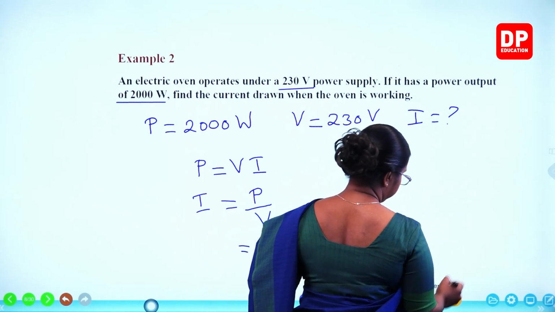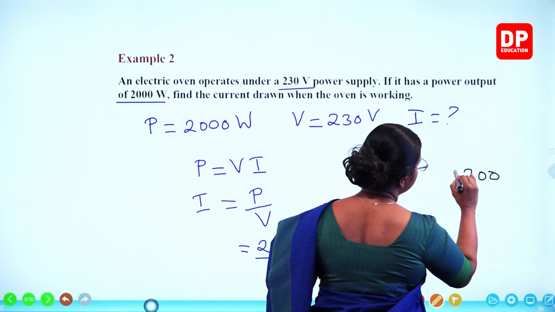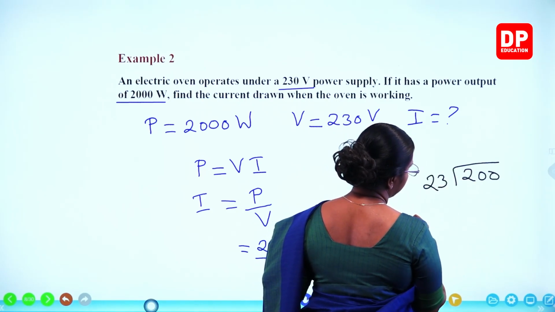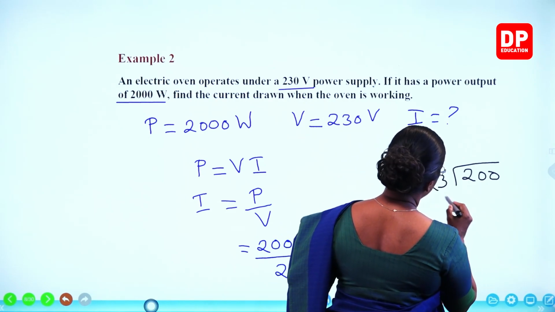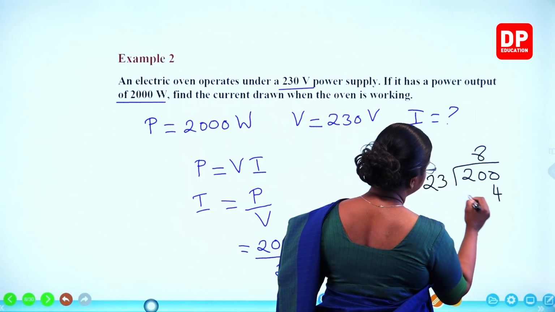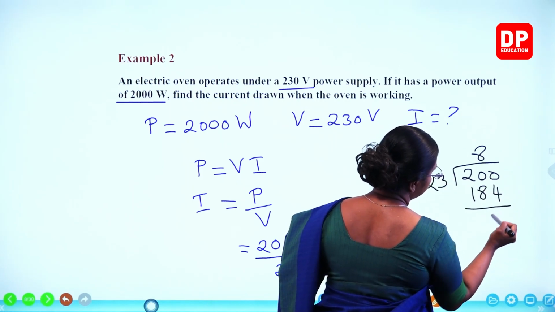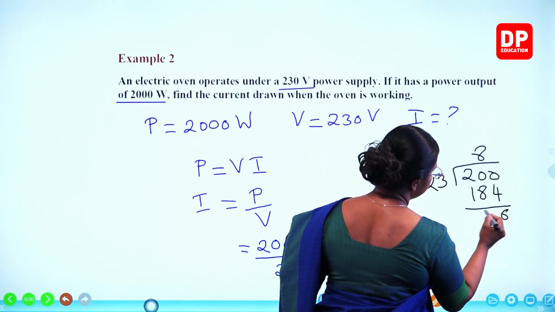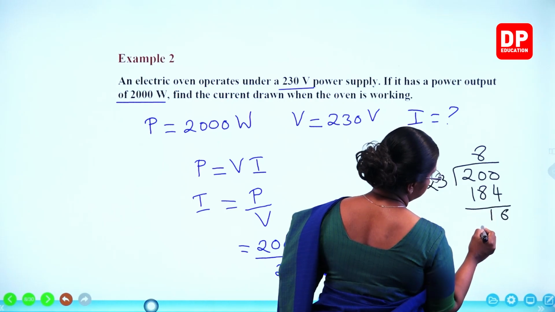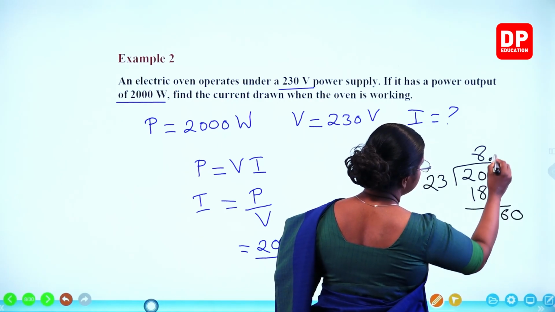So, we can take it as 200 divided by 23. So, it could be 8, 24, 16, 18. 200 minus 184, 16. So, we have to add the decimal, 160.